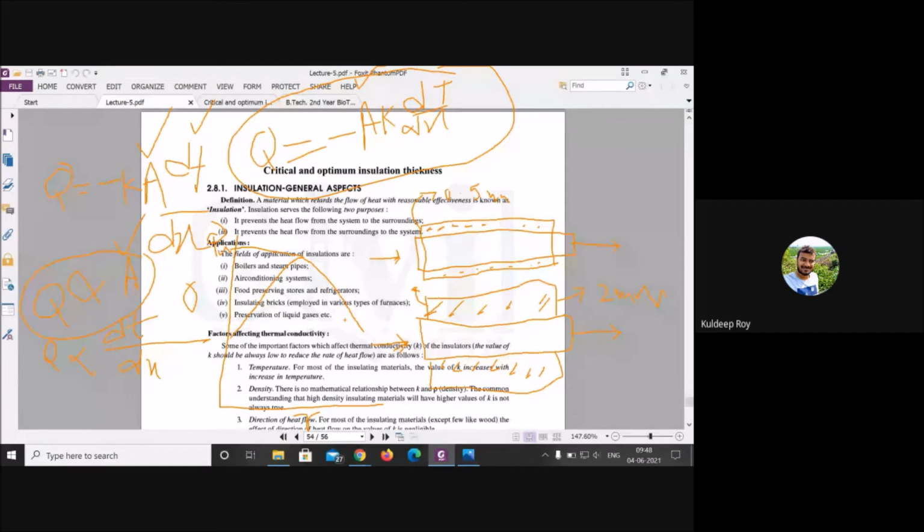As an engineer, when somebody asks what you will suggest for a cable, you would say we are looking for the critical thickness, where the maximum heat transfer will occur. You will have to take that thickness where you get Q max. When you increase the thickness beyond the critical thickness, the heat transfer will reduce.